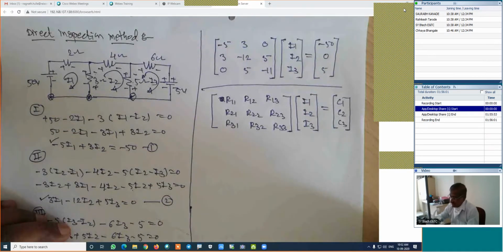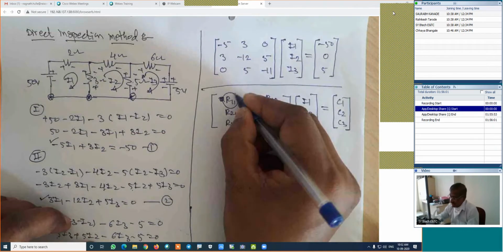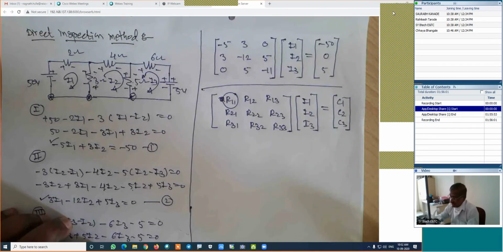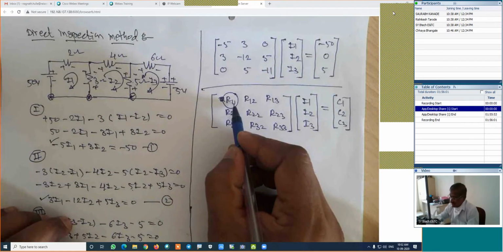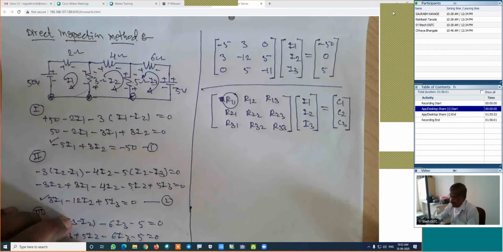Now here in this particular case, look at carefully, what is this R11? R11 is the resistance of the first loop only. This is the first loop. How much is the resistance of the first loop? Can anyone answer?